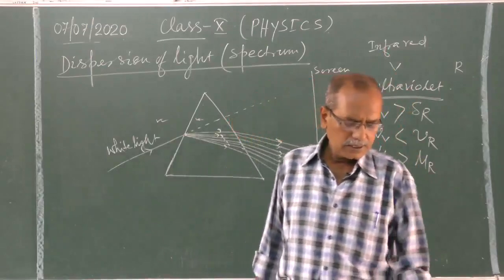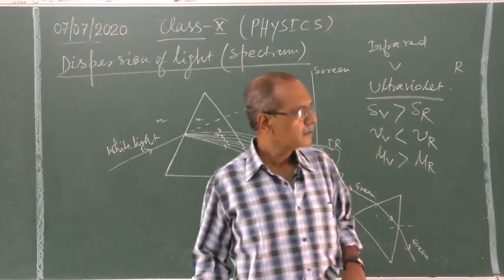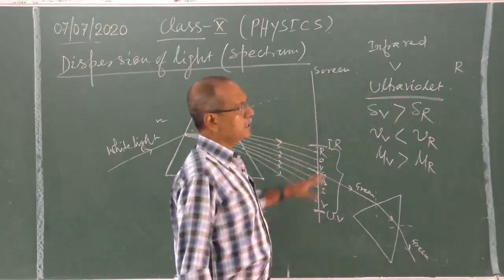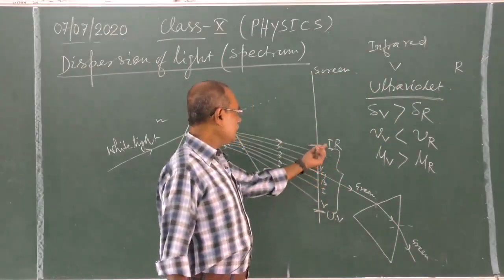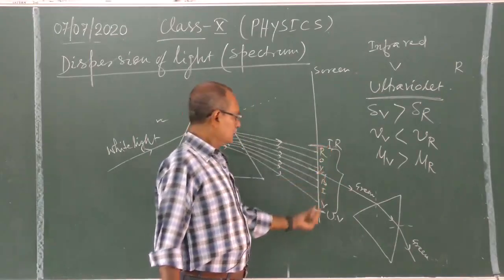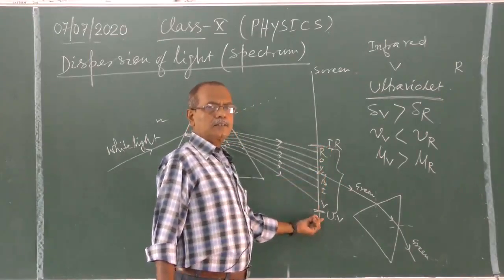Now, next we'll see the visible spectrum as well as the invisible spectrum. We have already done infrared, above red, and ultraviolet, below violet.